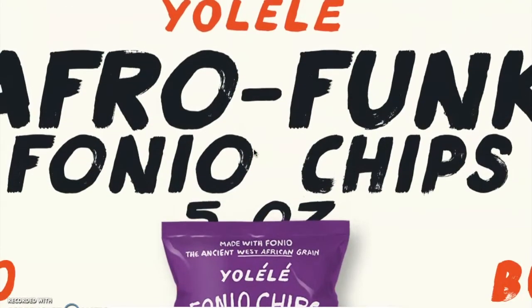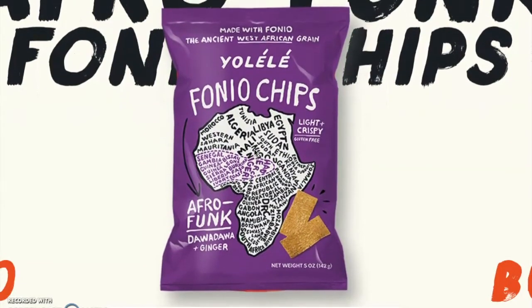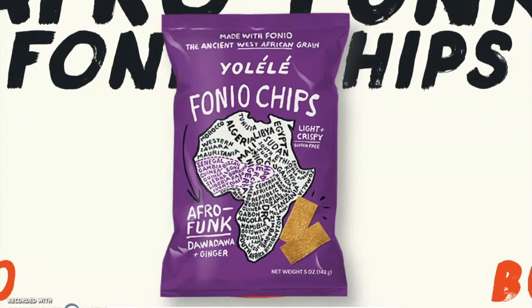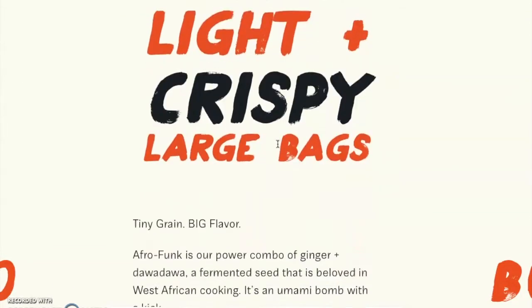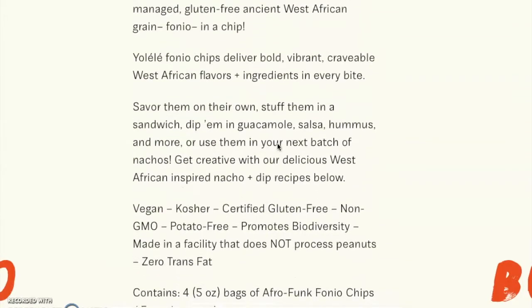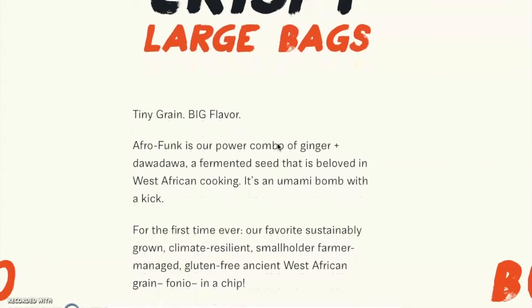You can see there's a little bit of parallax scrolling, and creating a package like yours will give you the elements you need. So we see the hand-rendered type, and then we see that as a main element of their actual website itself, and then a little bit of the brand, tiny grain, big flavor.